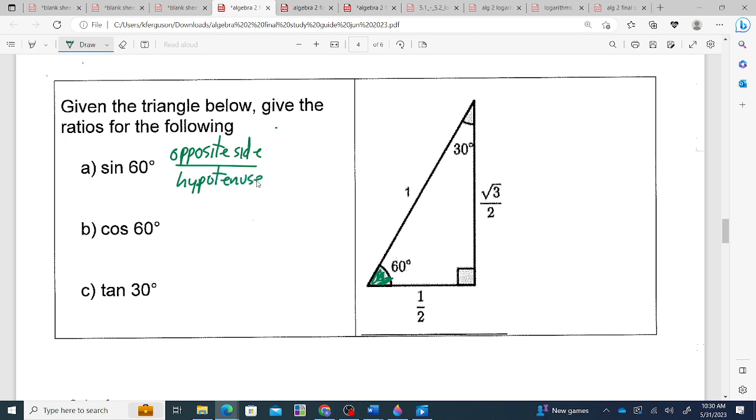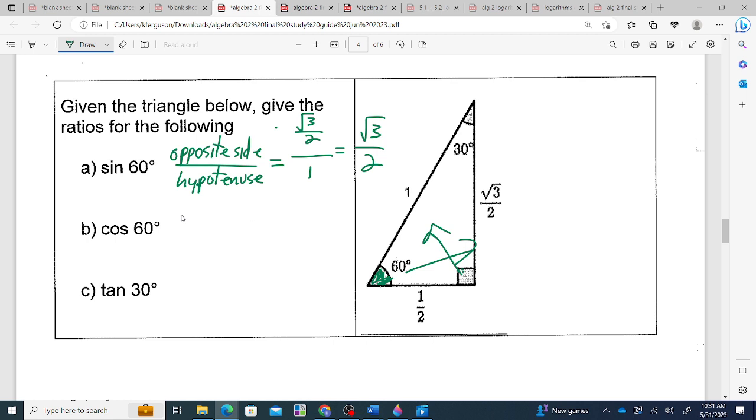Hypotenuse. Definitely not a spelling teacher. All right. So now I just put the side lengths in there. The opposite side from that 60-degree angle is the square root of 3 over 2. And then the hypotenuse is the opposite side from my right angle. So that's 1. And anything over 1 is just that thing. So it's the square root of 3 over 2.